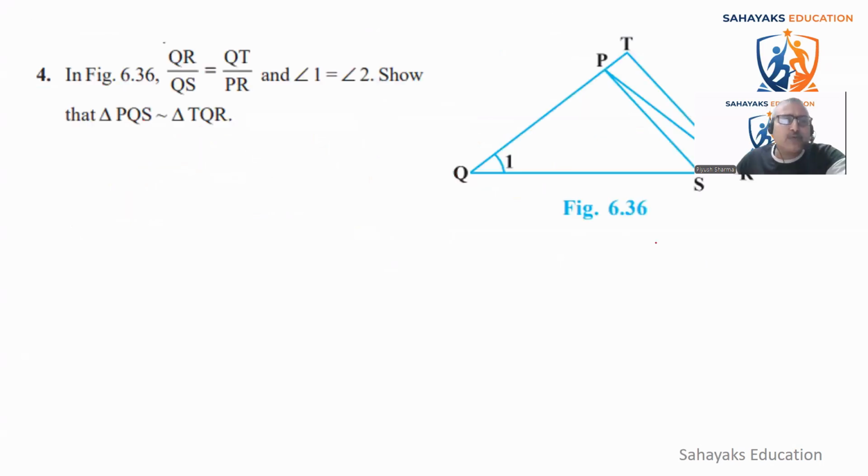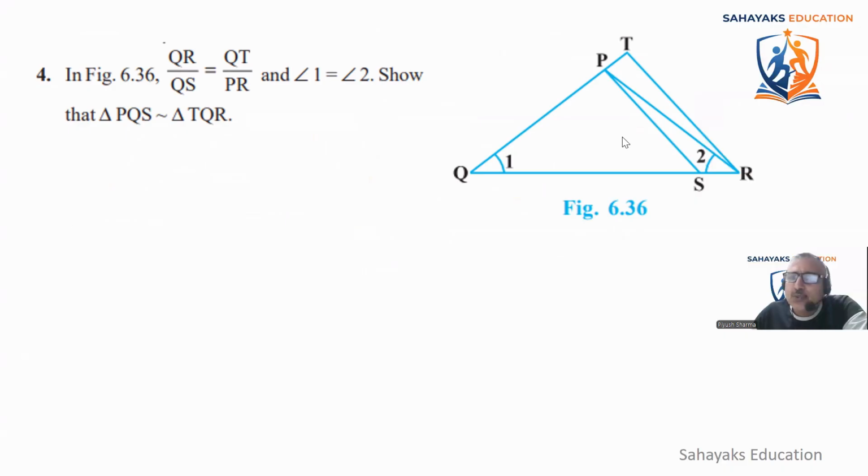In the figure 6.3, QR by QS. This is QR. Where is QR? This complete side by QS. QR by QS is equal to QT divided by PR. Oh, QT by PR.